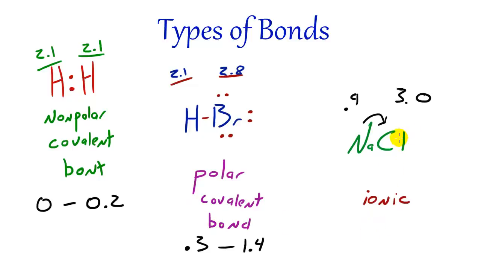And if you have a difference between two elements that is 1.5 and above, then the difference is so strong that it forms the ionic bond. In other words, it steals one of those electrons.